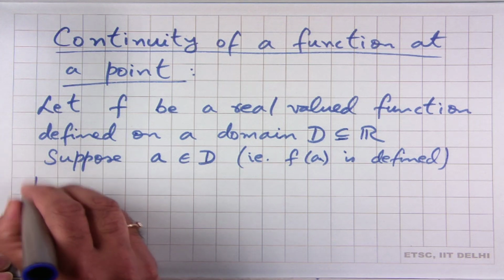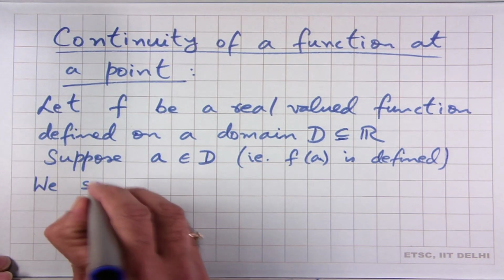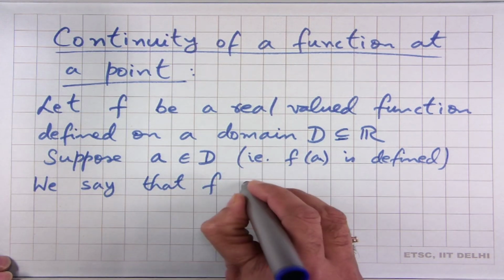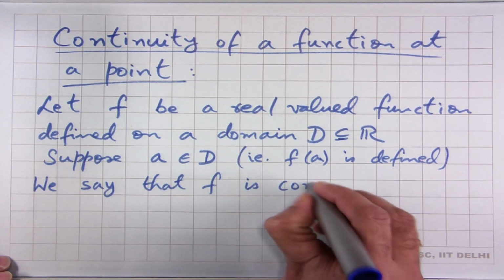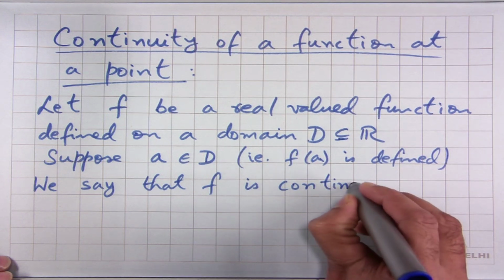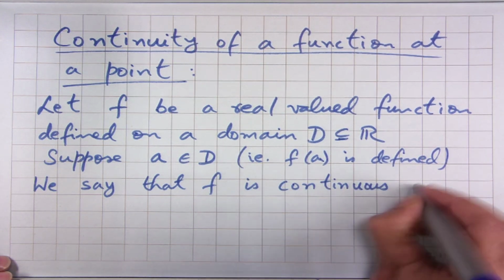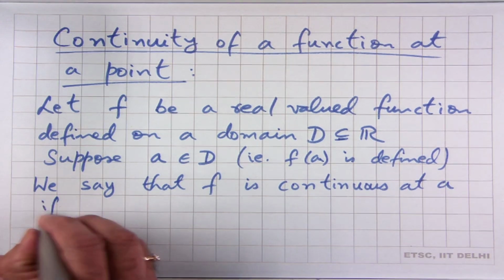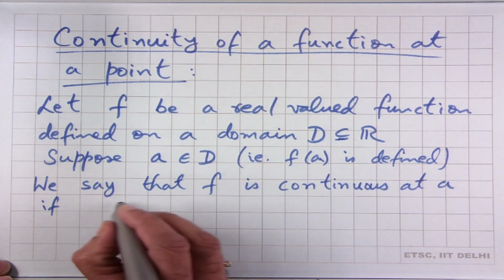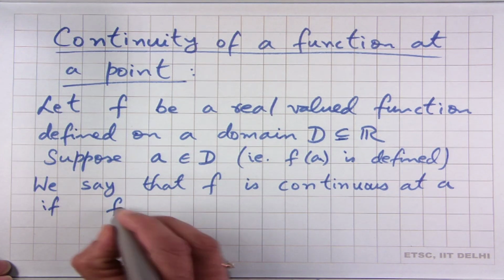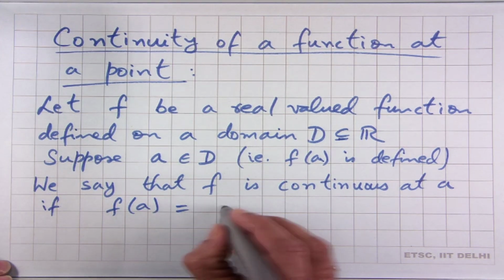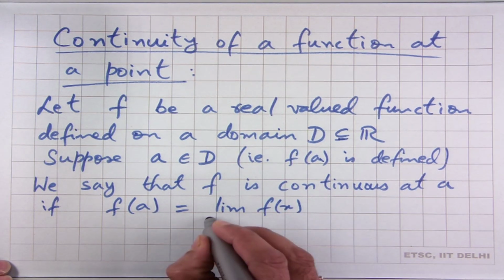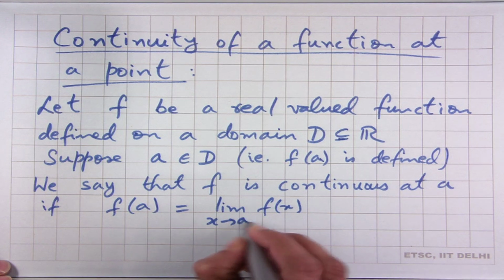So, we say that f is continuous at a if f of a is equal to the limit of the function f of x as x approaches a.